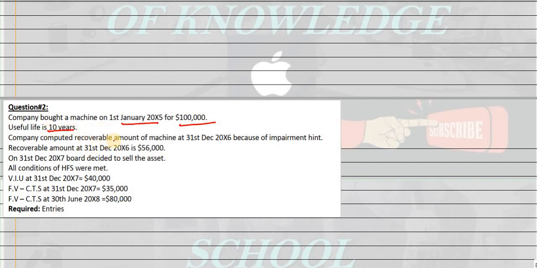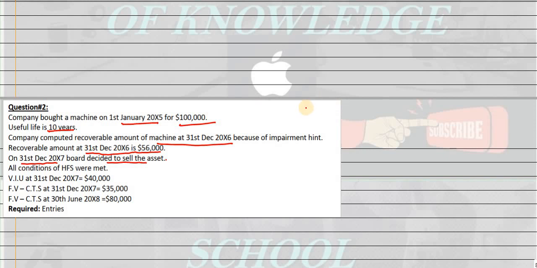Now the company computed the recoverable amount of the machine on 31st December 2006, because impairment was at hand. Now the recoverable amount on 31st December 2006 is 56,000. On 31st December 2007, the board decided to sell, meaning on this date the board decided to classify it as held for sale.